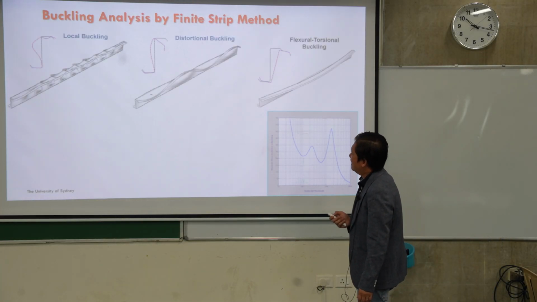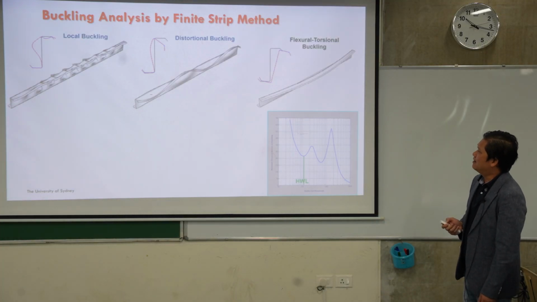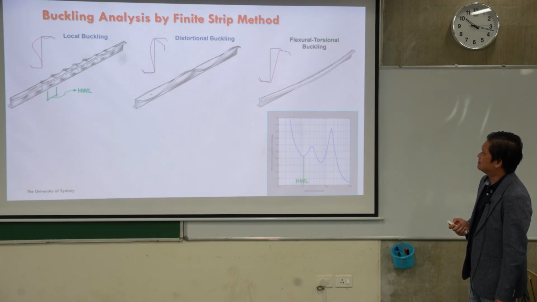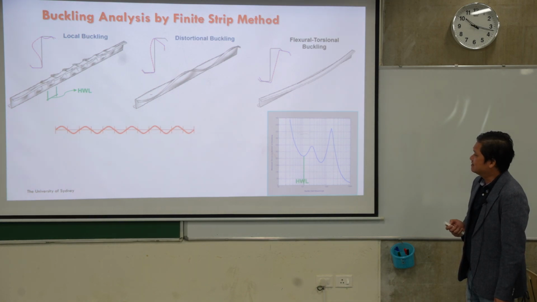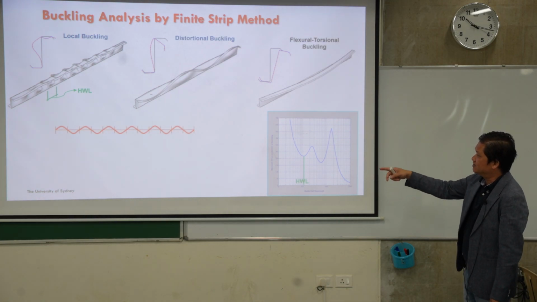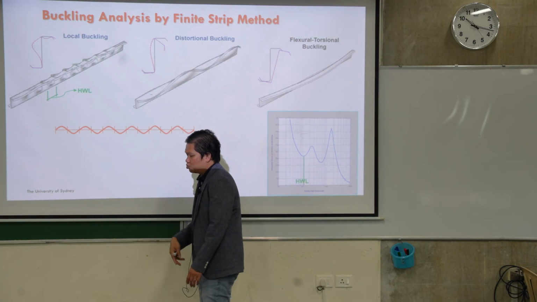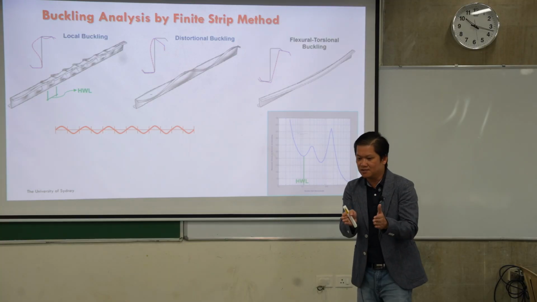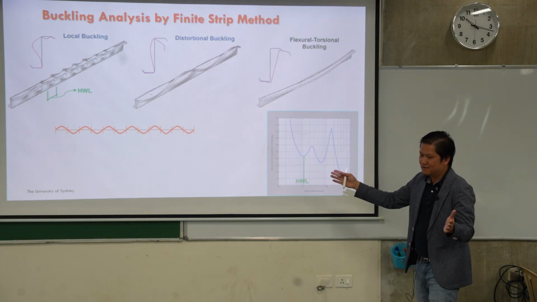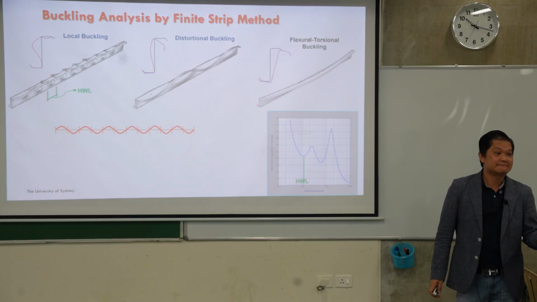Okay, so just again, for someone still not sure about that, I'm going to show you. This is the halfwave length of the local buckling, and this is the number of halfwaves. So imagine, yes, 12 halfwaves. Each halfwave length is about 200 millimeters or something. So the beam is going to be 2.4 meters or something like that.